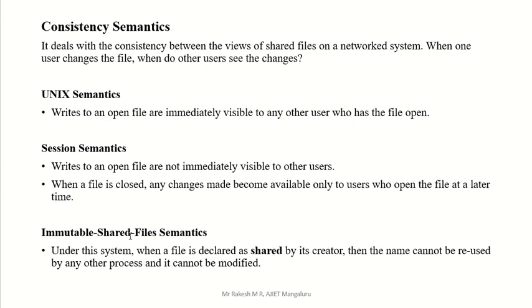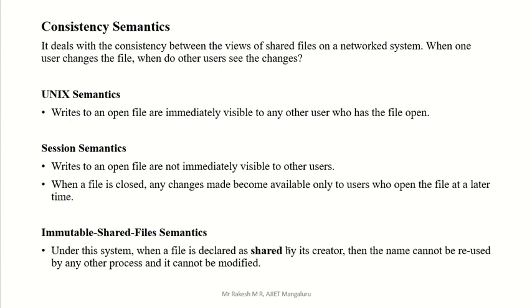Immutable shared file semantics. This is another different type. See this: under this system, when a file is declared as shared by its creator, that means the user, then the file name cannot be reused by any other process, that means any other person, and the file cannot be modified.